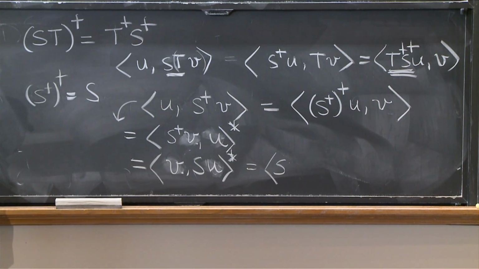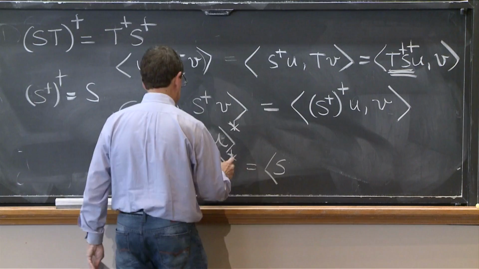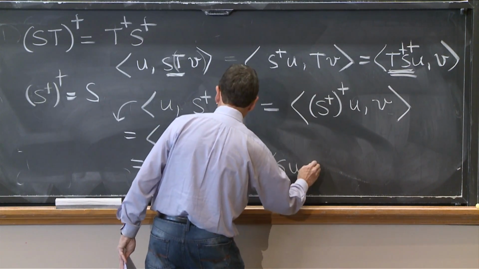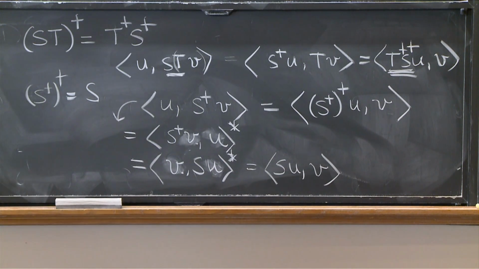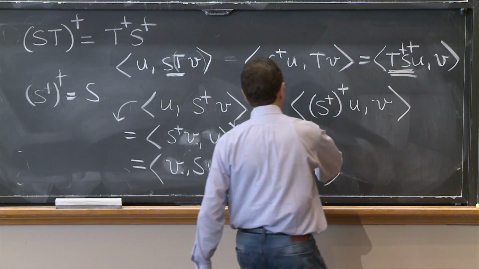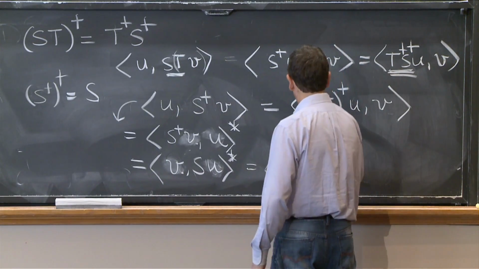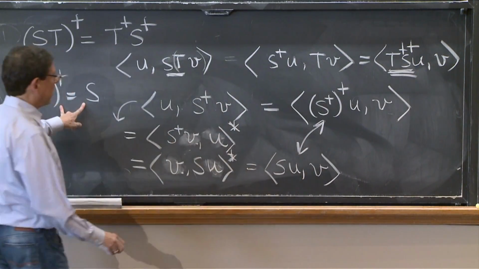I move the S, and then finally I have (SU, V) without a star. I moved it, flipped it again. So then you compare these two, and you get the desired result.